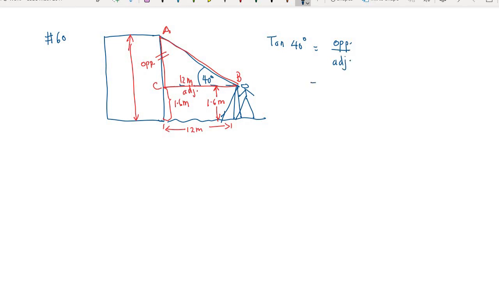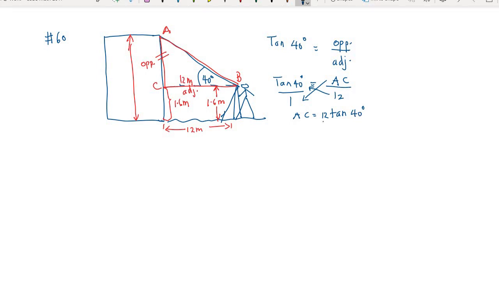So let's substitute. Tan 40 is equal to side opposite, which is AC, we need to find that, divided by the adjacent, which is 12. If we cross multiply, we get AC is equal to 12 tan 40 degrees.